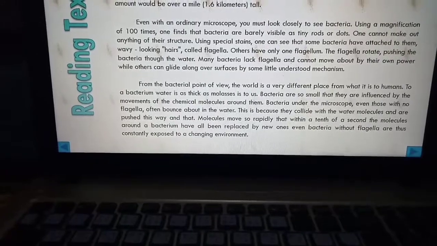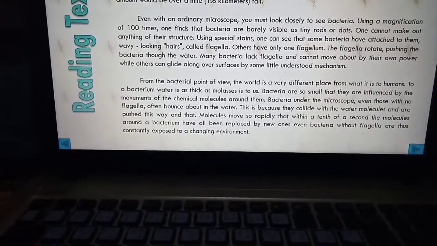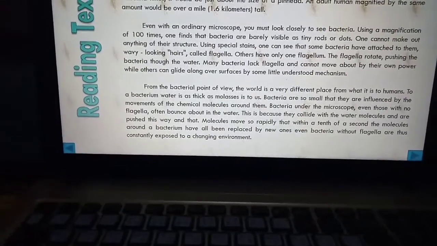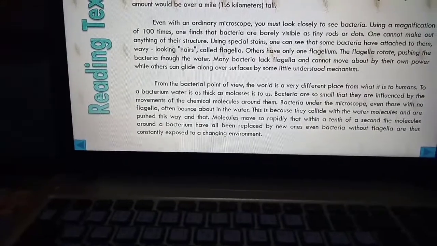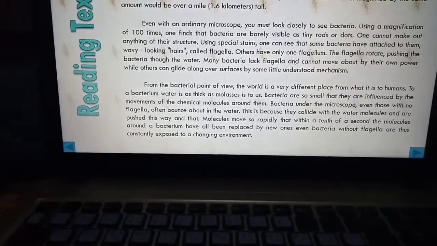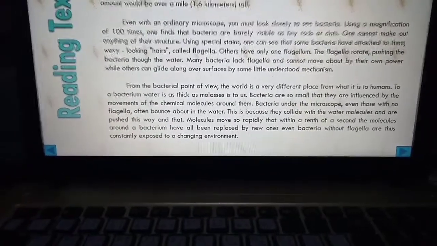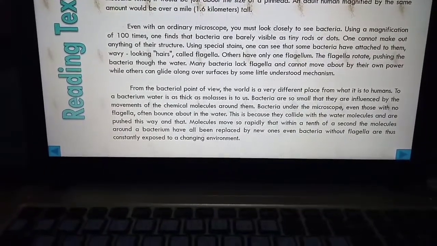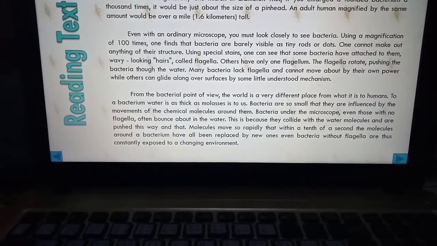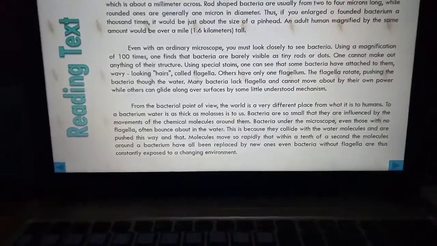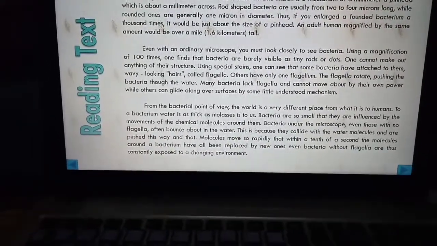This is because they collide with the water molecules and are pushed this way and that. Molecules move so rapidly that within a tenth of a second the molecules around a bacterium have all been replaced by new ones. Even bacteria without flagella are thus constantly exposed to a changing environment.